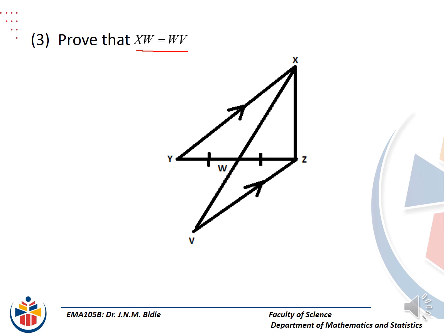Also, we've got parallel lines, YX and VZ. From the parallel lines, I have alternate angles. That's the first set of alternate angles. The next one, I hope you do agree with me.